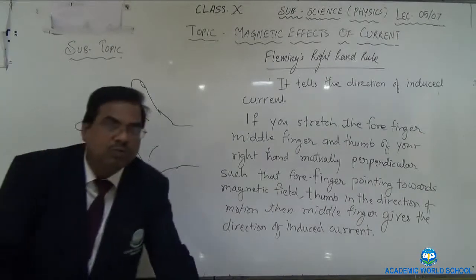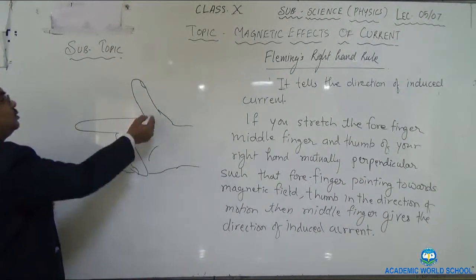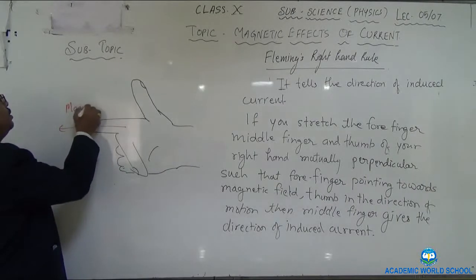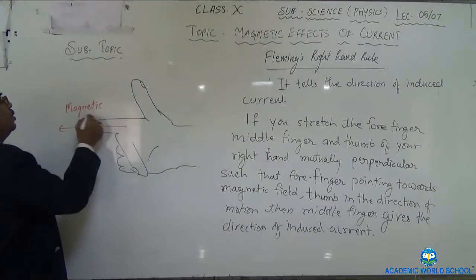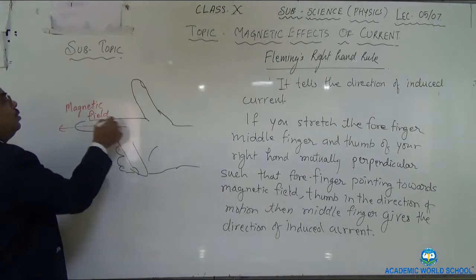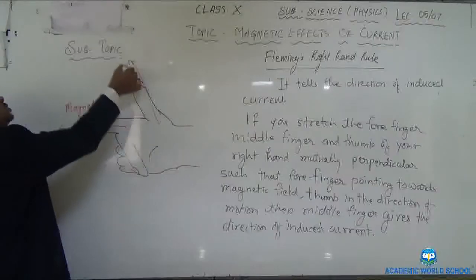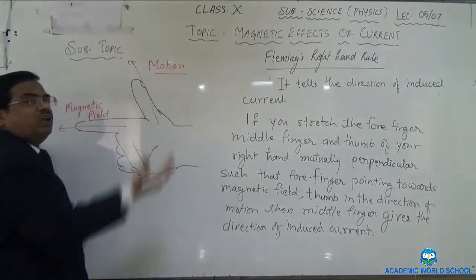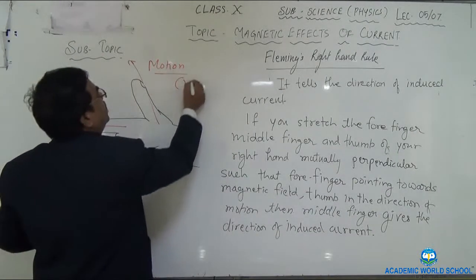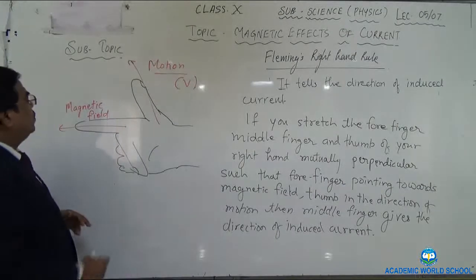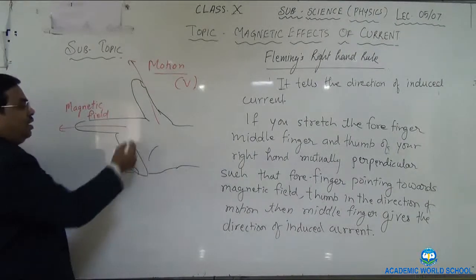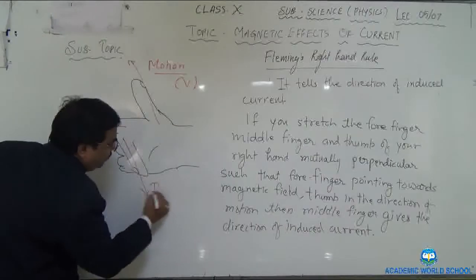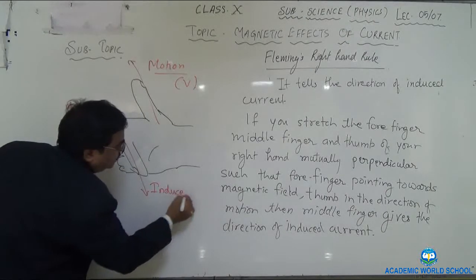According to this rule, the forefinger is towards the magnetic field, the thumb is towards motion. Motion means velocity, so I will write bracket V, magnetic field. Then the middle finger gives you the direction of induced current.